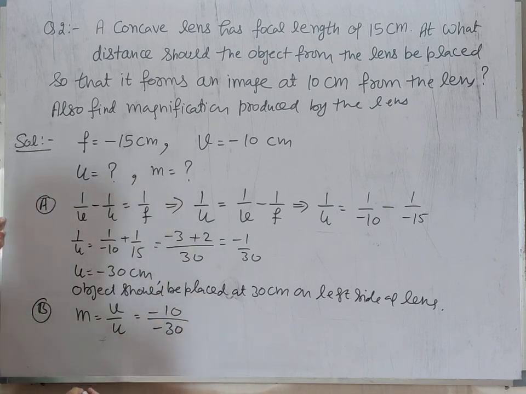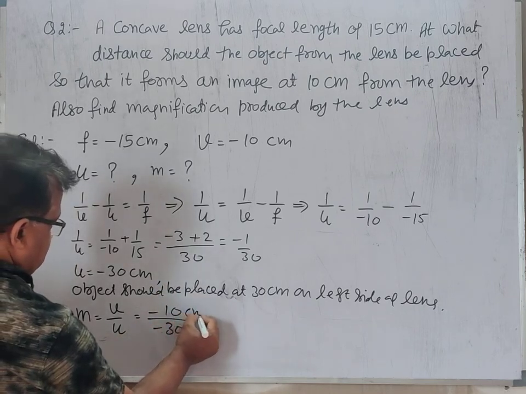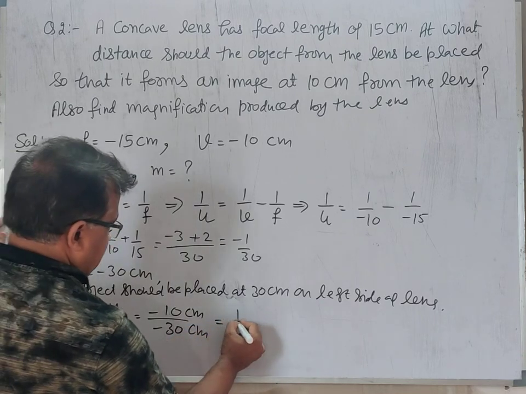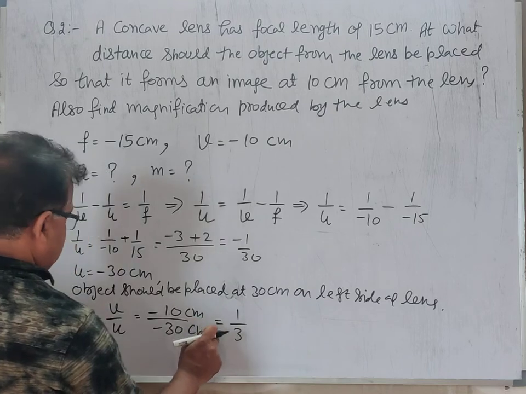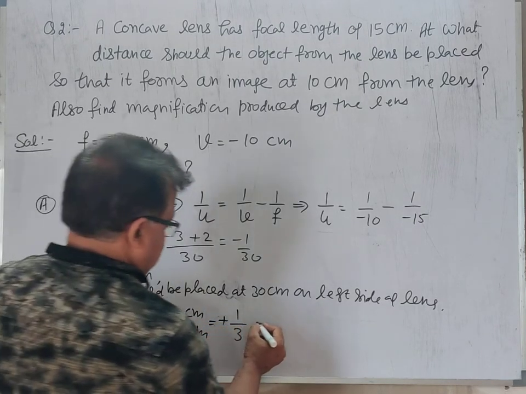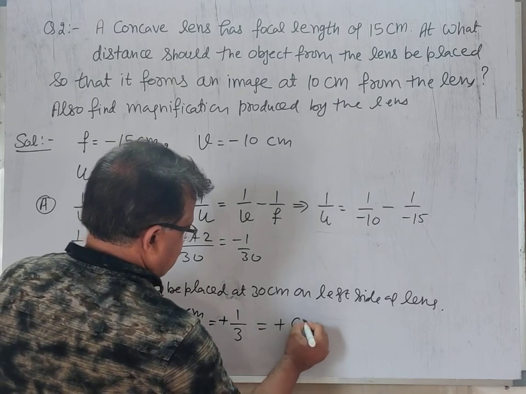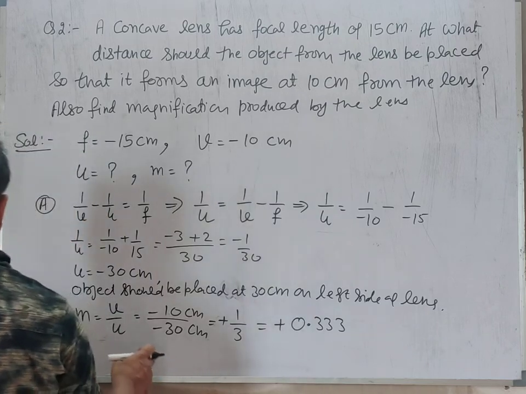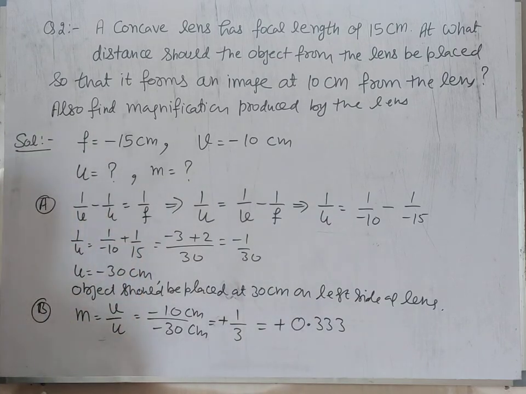So minus is cancelled by minus, both are in centimeter, they are also cancelled. So it is left 1 by 3, that is plus 1 by 3, which is equal to plus 0.333. So this is the magnification, and what we had to find is magnification. This shows that the image is virtual and erect.